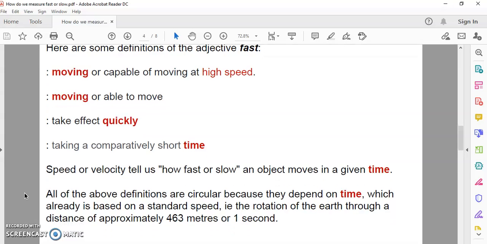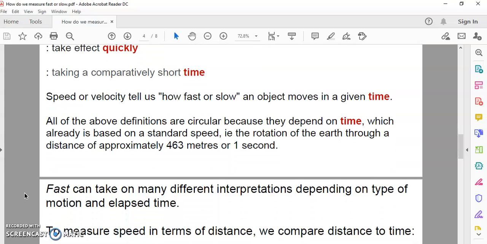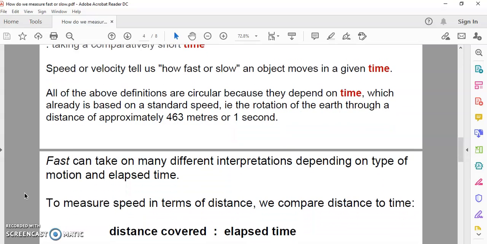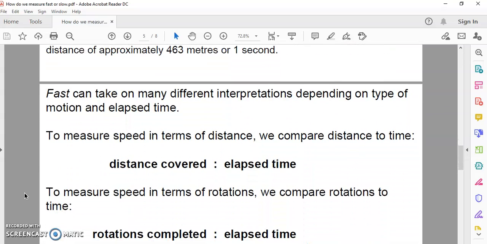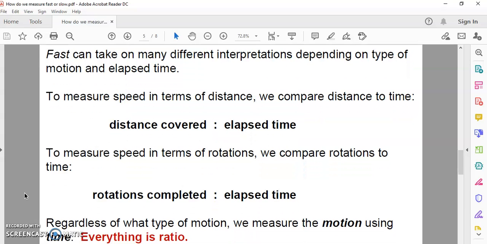Okay, so all of those definitions that you see over there are circular. Now, fast can take on many different interpretations depending on the type of motion and the elapsed time.